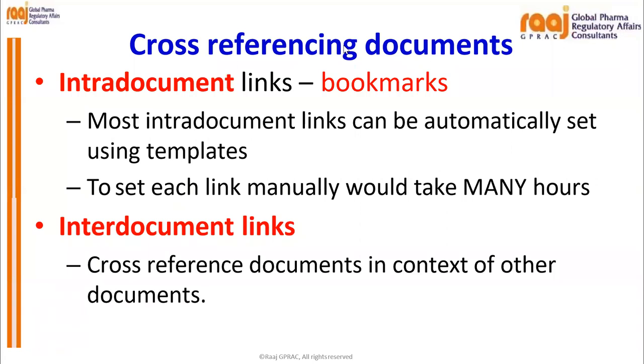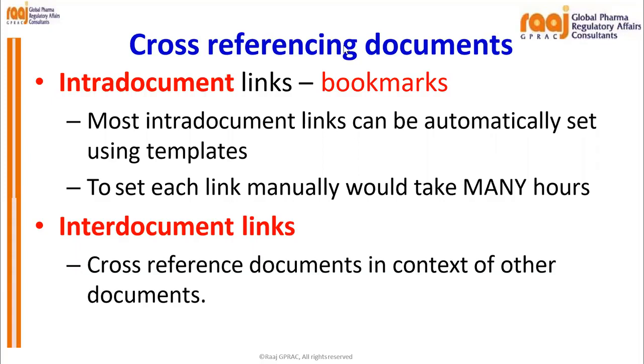Then you have to cross reference also. There are two types of cross referencing: one is intra-document, another is inter-document. Intra-document links means bookmarks, and most of these links can be set automatically using templates. Setting each link manually would take many hours. Whereas inter-document cross-reference is given in the context of other documents.